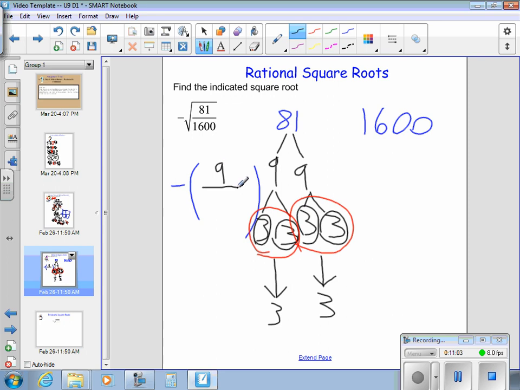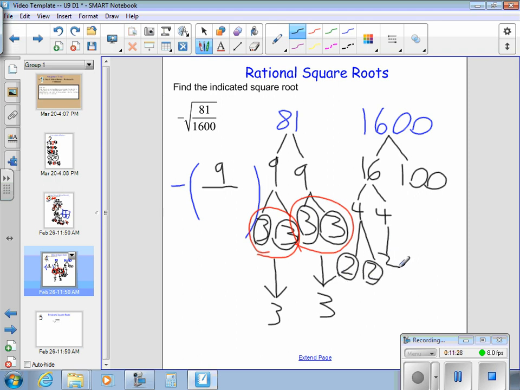Now let's look at the bottom of the fraction. This is 16 times 100, 16 being 4 times 4, and 4 times 4 being 2 times 2, both prime. This 4 also being 2 times 2, also prime.